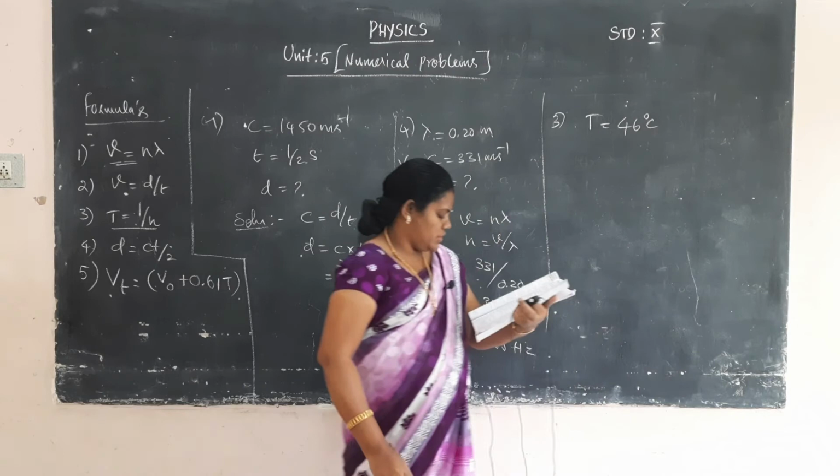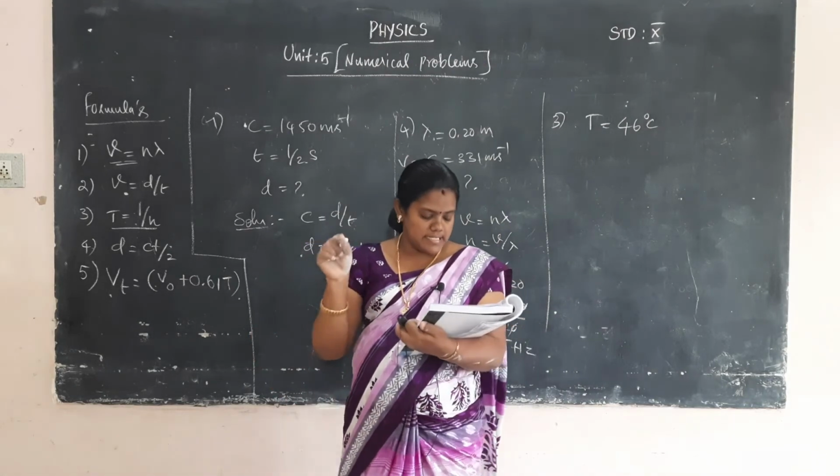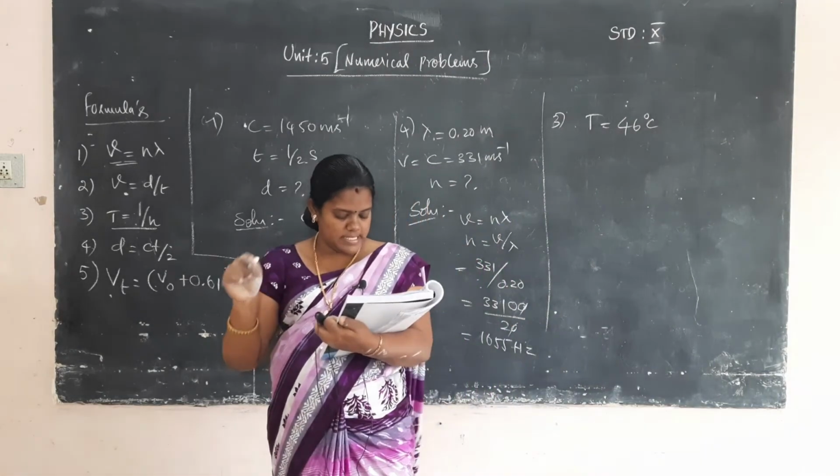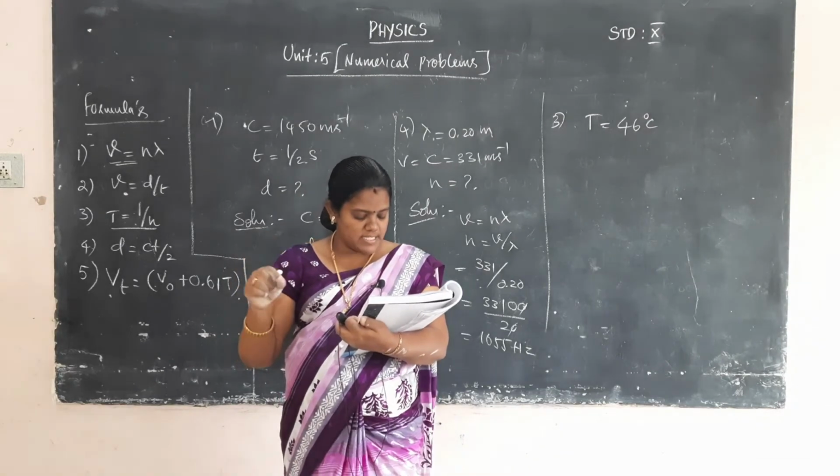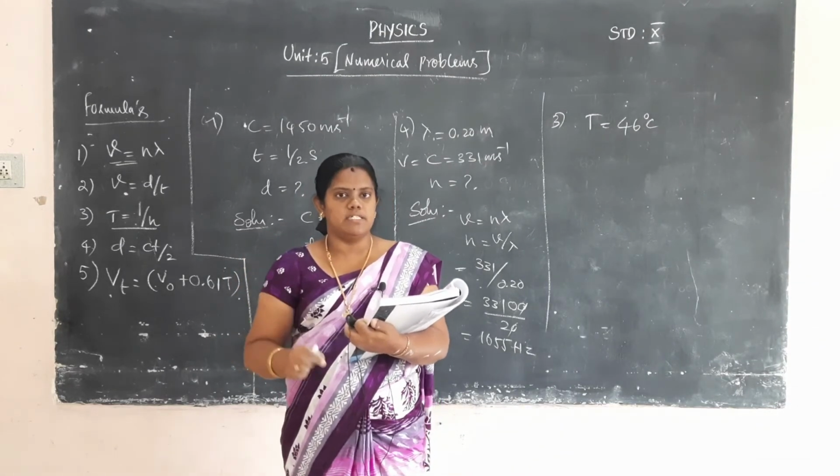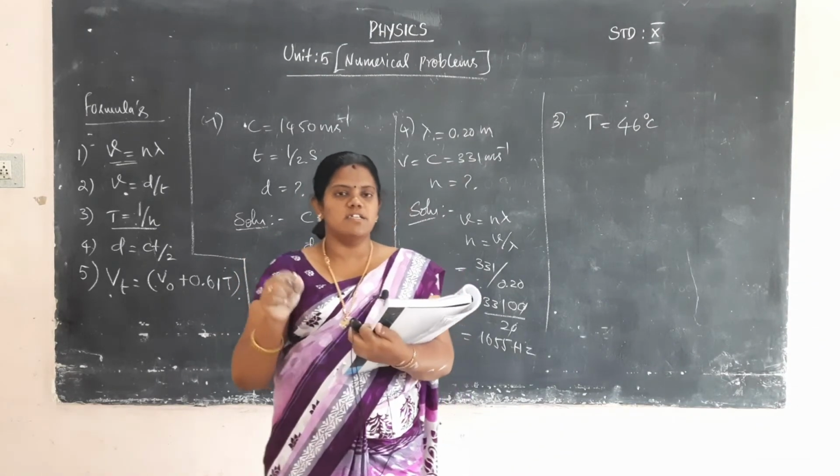Okay, that's the question. So first we write the given values. The temperature in the Rajasthan desert is 46 degrees Celsius. We want to calculate the velocity of sound in air at that temperature.